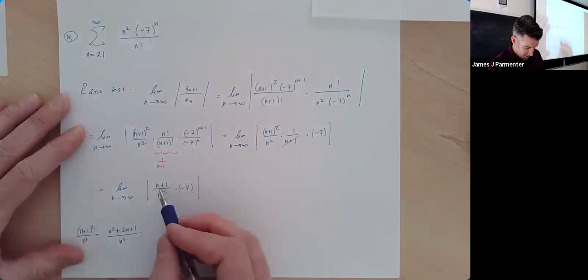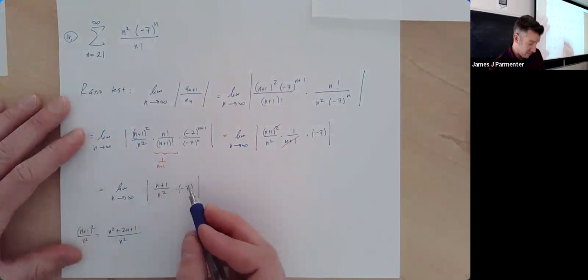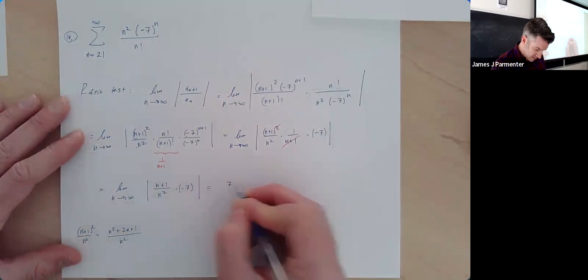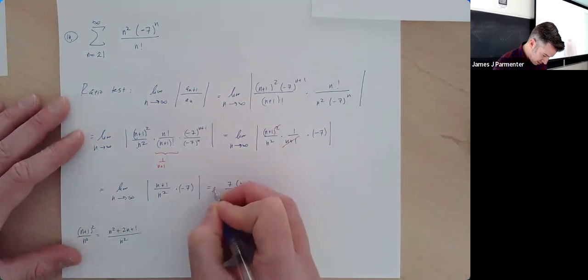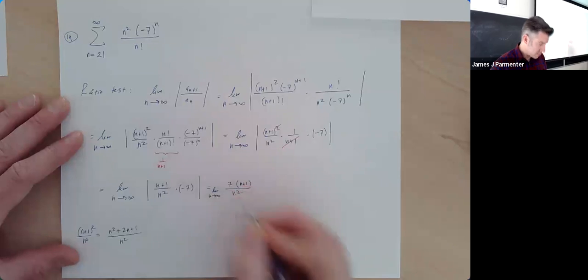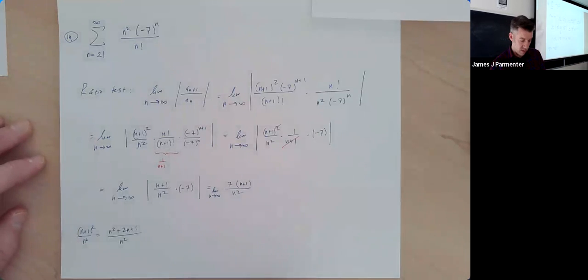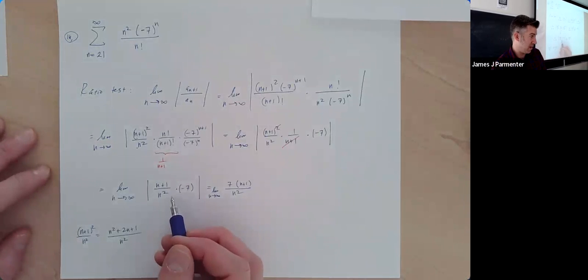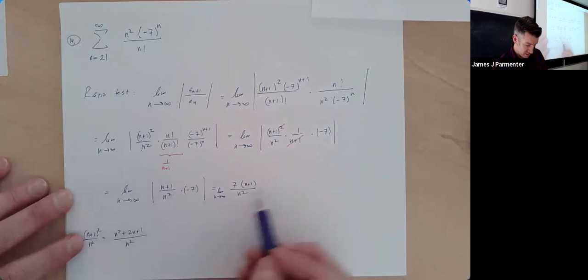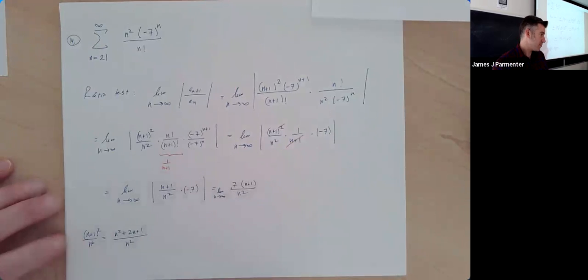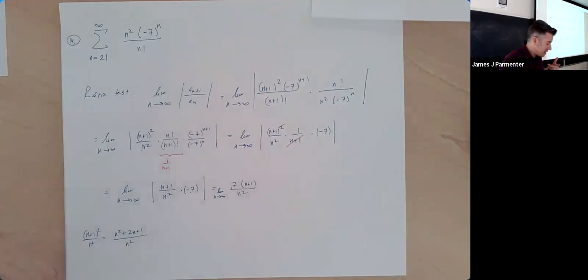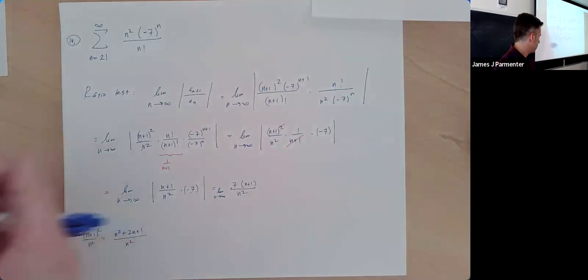The absolute value of negative 7 is 7, so I can write this as 7 times (n+1) over n squared. I should still be writing the limit. The absolute value of a product is the product of the absolute values. So that would be the answer-ish to part A, where they said to fully simplify your limit.